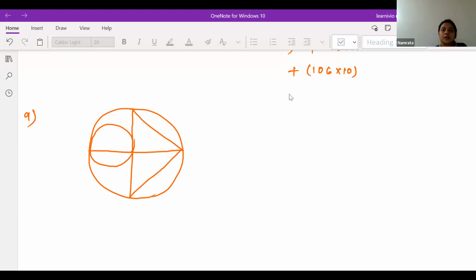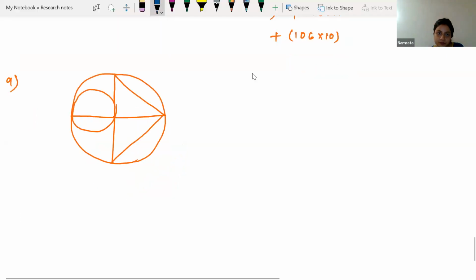Here we have to find the area of the shaded region. Let me set the region first. This one is the shaded region. And this one is the shaded region.